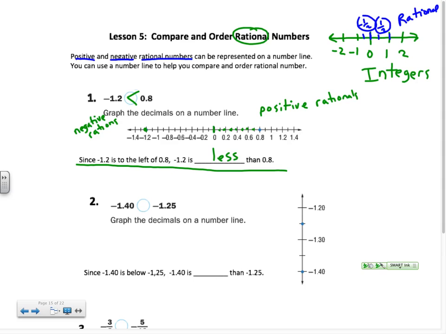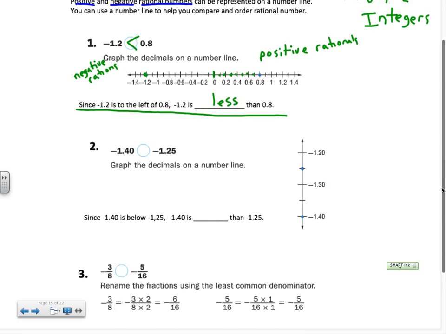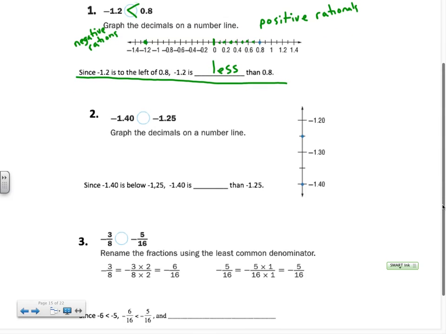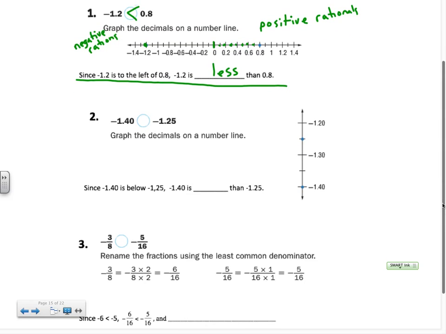All right, here's two decimal numbers now. And they drew our line graph vertical. So I have to remember that negatives always fall below 0 on the number line. So if I were to extend this number line all the way up, 0 would be way up here somewhere. Okay, we have our 1s in here, and then negative 2 would be way down here somewhere. Okay, so that gives us a perspective on where these numbers fit on the number line.